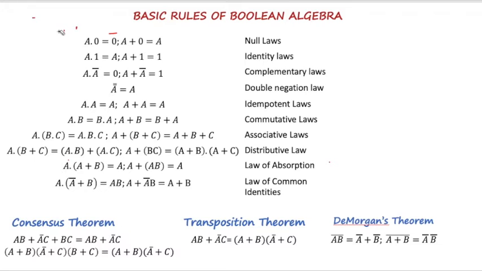And in the second case, negation of A and B ORed with A gives A plus B, and this is called the law of common identities.